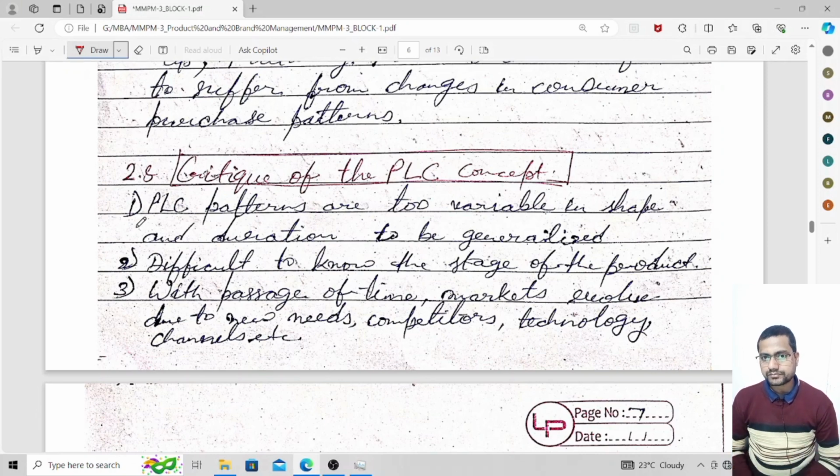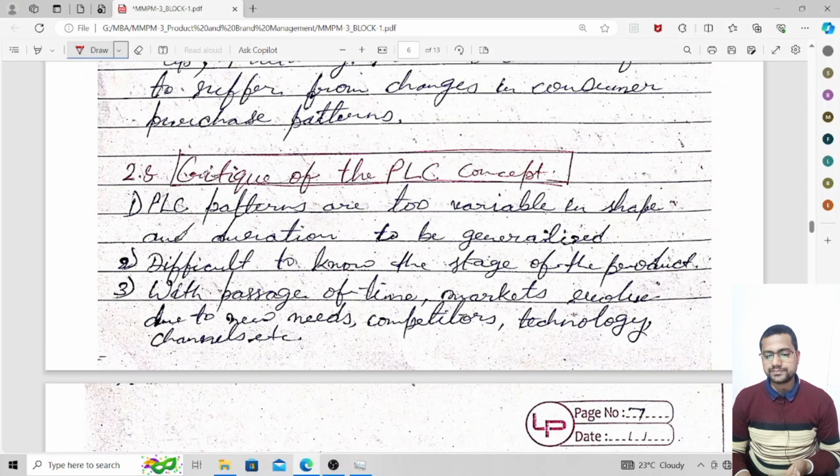So due to this criticism, or you can say due to these reasons, we cannot generalize the same. First, one product's PLC may be different from the other. The second, it is very difficult to know the exact stage of the product.